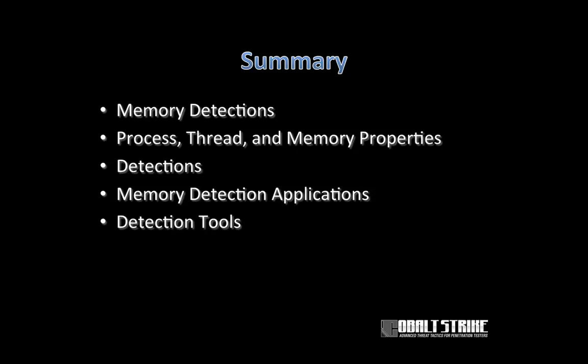We talked in general about some applications of the heuristics that look for these anomalies, and I introduced you to a few detection tools. Now that concludes part 1 of In-memory Evasion.